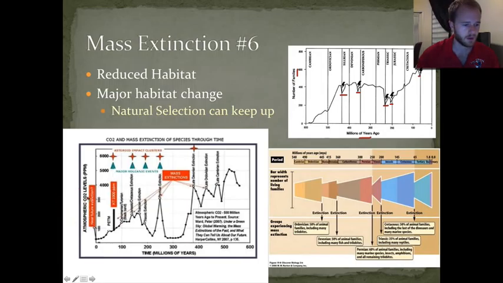If you look at corresponding CO2 levels to those mass extinctions, we've got the mass extinctions here with the star, and then we have major volcanic activity here, and volcanoes emit a lot of CO2. So with more CO2, you're increasing your carbon dioxide in the atmosphere. So you notice with the peaks, or mass extinction here, mass extinction here, mass extinction here, and this line is carbon dioxide, what do you see? Yeah, you should see that there is a correlation between the quantity of CO2 in the atmosphere and the mass extinctions in the past.